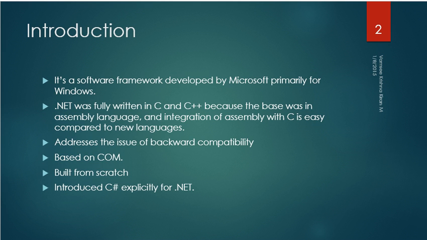While developing .NET from scratch, it also thought that they can develop a language that is based on object-oriented principles, and also a language that can address some of the cons that are there in the previous languages like C++ and Java. So Microsoft has come up with a new language called C#, which is explicitly designed to use with .NET framework, and C# is an object-oriented programming language.